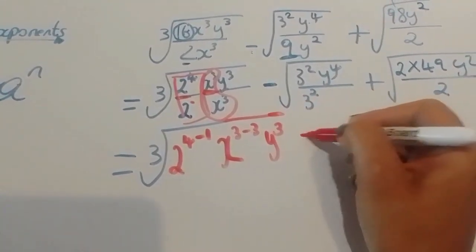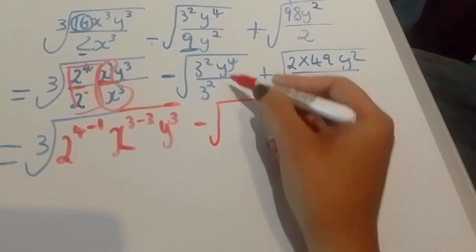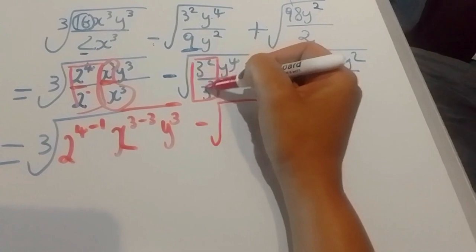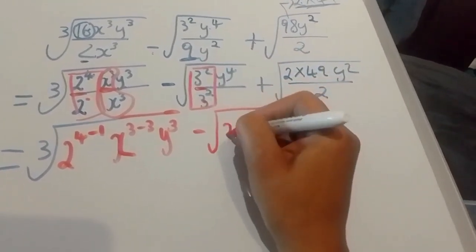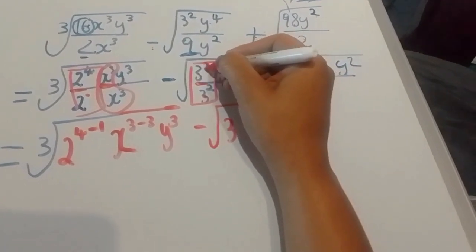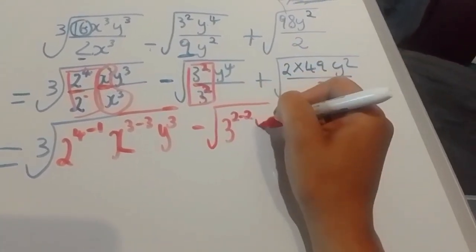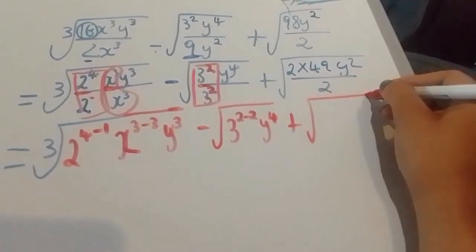Minus the second term, same story. I recognize that I have two things with the same base 3 and there's a division in between. So that will be base 3 to the power of 2 minus this 2 here, y to the power of 4, plus this side.